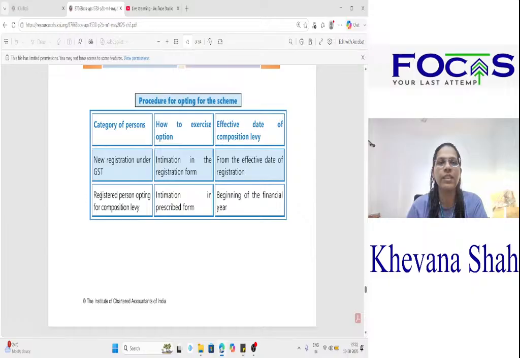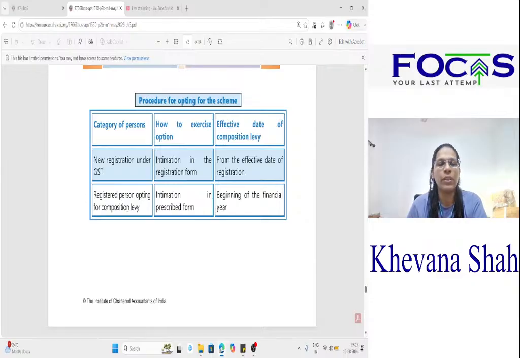Then, in case you are a registered person opting for composition levy, so you are already registered with the department, but now you want to opt for composition levy. In that case again, we will be intimating the department in the prescribed form. The forms are given on the GST portal, so you need to file that form, get all the required details and apply for composition levy.